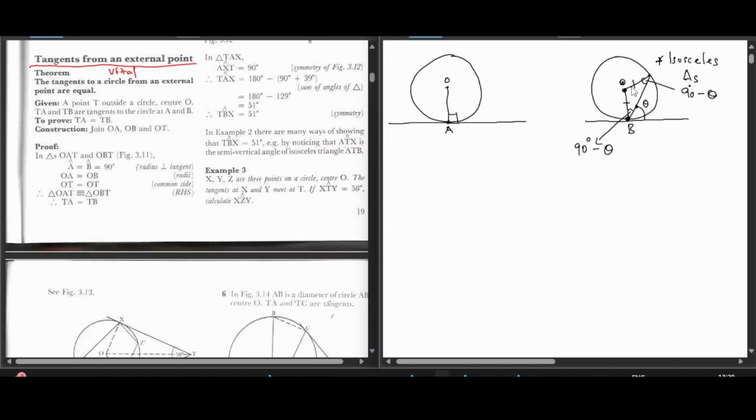Then the missing angle is simply 180 degrees subtracting 2 times 90 degrees minus theta. The way we do it, when we are given two angles but looking for a missing angle, we use the sum of interior angles of a triangle.